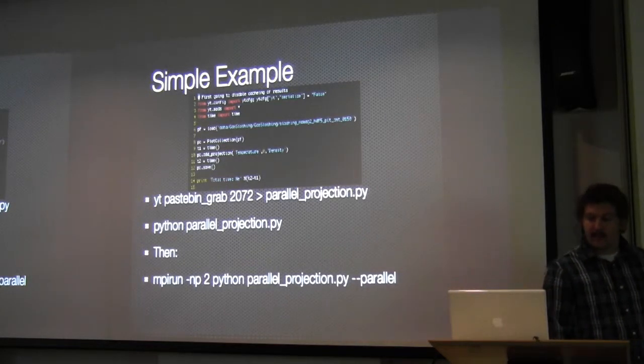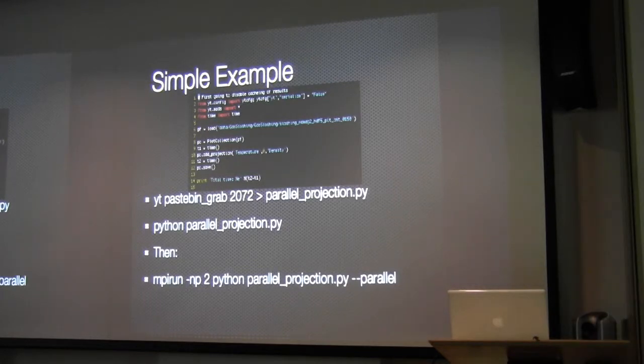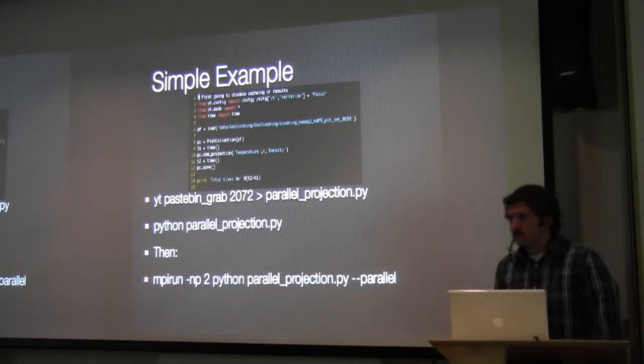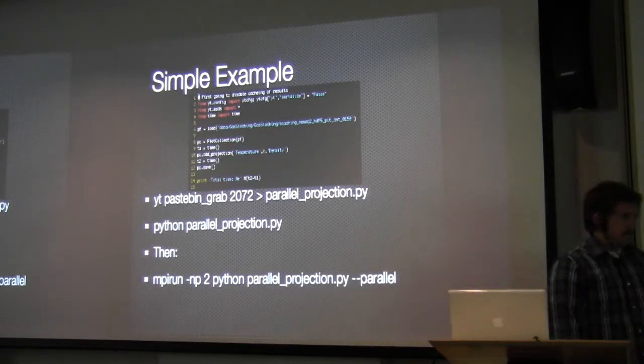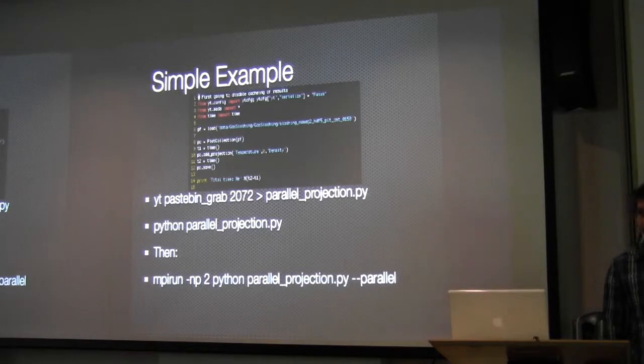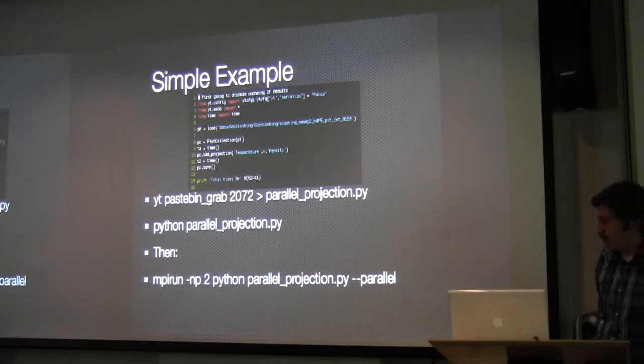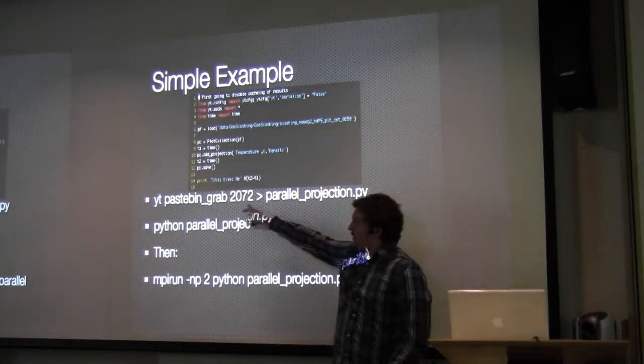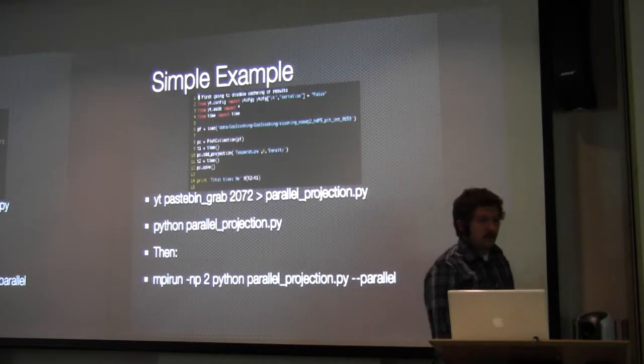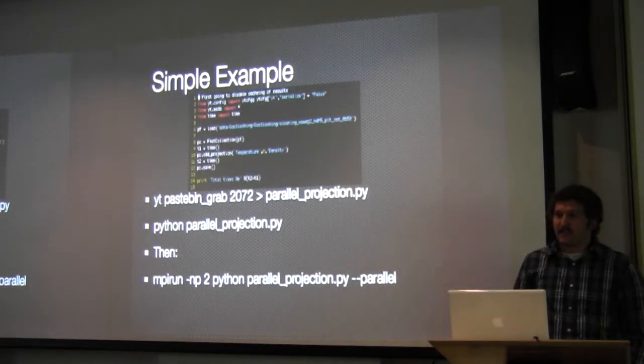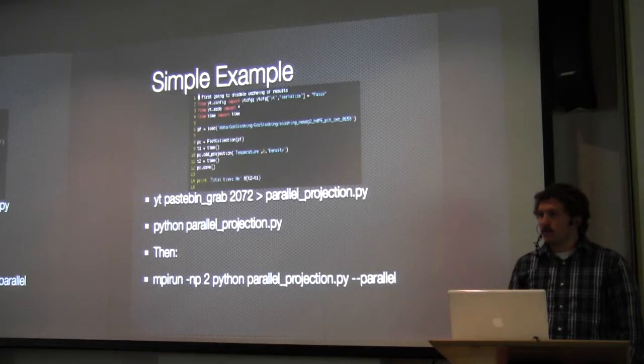If you do yt pastebin_grab 2072 and pipe that into parallel_projection.py, it should go out and grab that script for you so you don't have to spend any time typing. So all we're doing right now is just this line here. Whoever finishes this first, let me know that it actually worked.